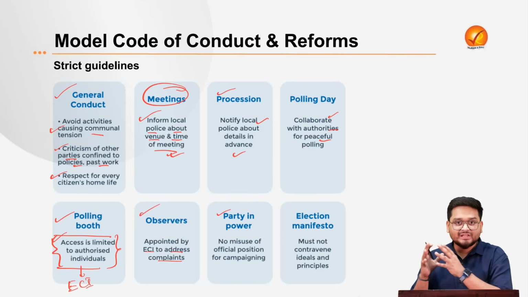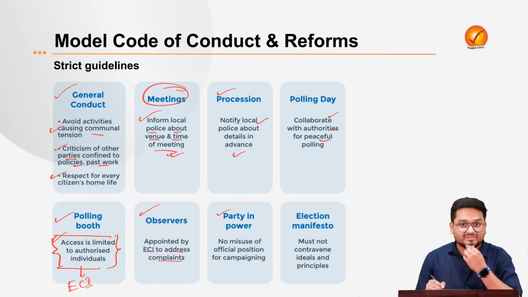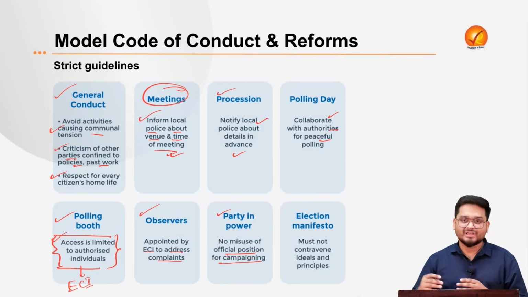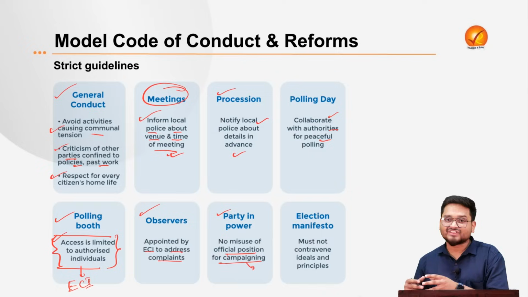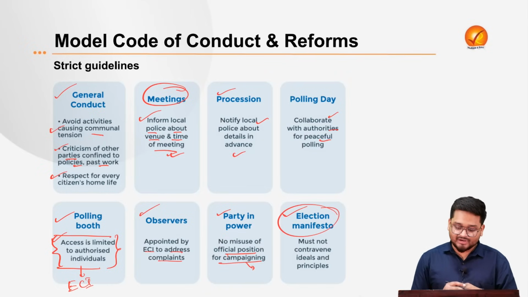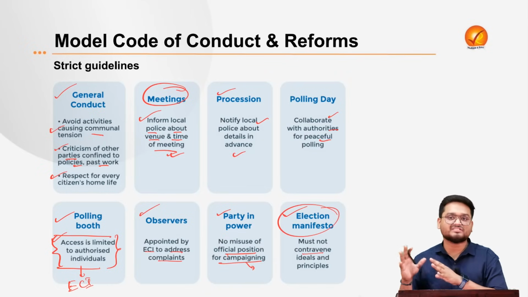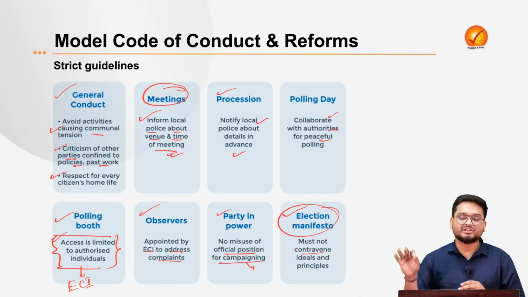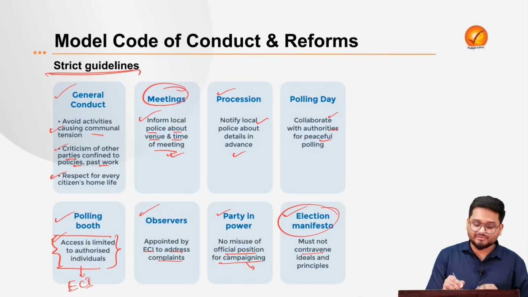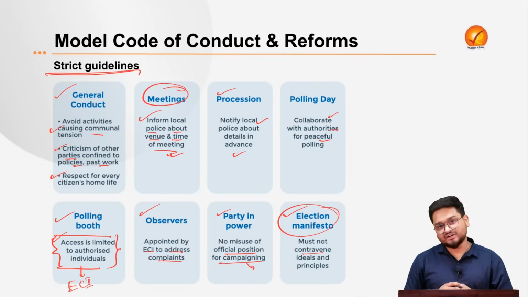And finally, the party in power should not misuse any official position for campaigning, such as releasing new government schemes after announcement of election polls, or using government vehicles and so on. And finally, the election manifestos of various political parties must not contravene the ideals and principles enshrined in the Constitution of India. These are the various strict guidelines which the Election Commission of India's model code of conduct is actually looking at.